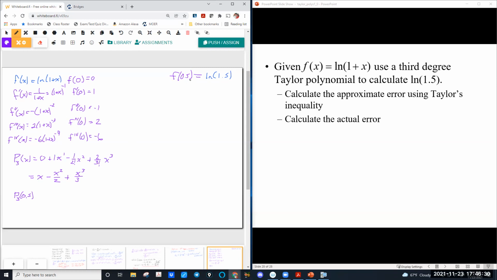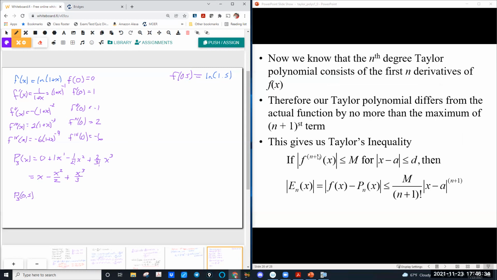Now, here's why that's important. Let's go back to our error term so you guys can see it. It's important right here. The absolute value of x minus a has to be less than or equal to d. So our d is going to be 0.5. So we get the absolute value of x is less than or equal to 0.5.